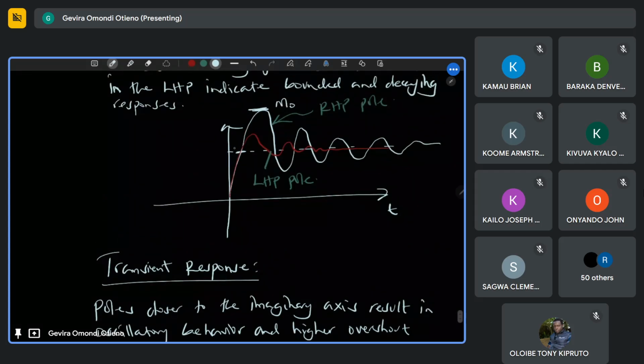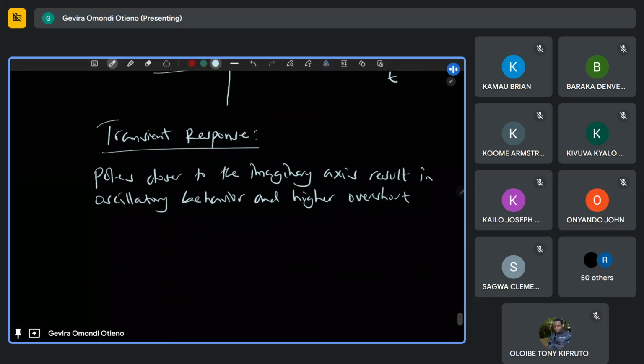Because you can see the one on the right half plane, or the one that moves towards the imaginary axis, oscillates a lot. It oscillates a lot and has a higher overshoot.